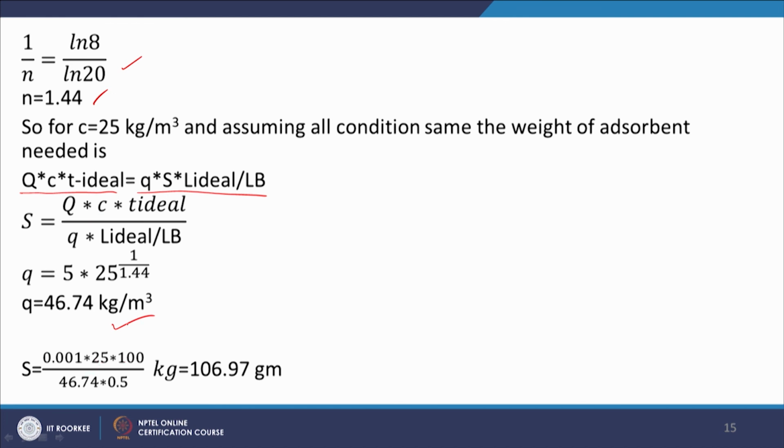So 25 into 100 for T ideal, divided by this q value 46.74 into 0.5, with L ideal by L b remaining the same. We get 106.97 gram. So the S value in this case will be 106.97 gram, and this much adsorbent will be required. Up to this point in this class, thank you very much for your patience.